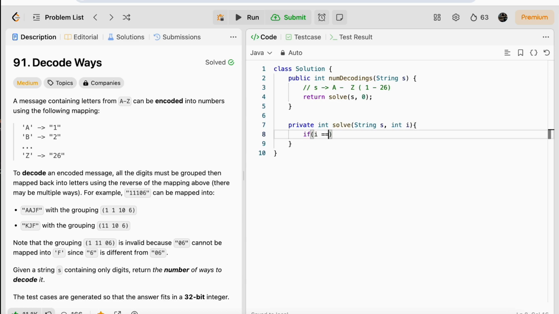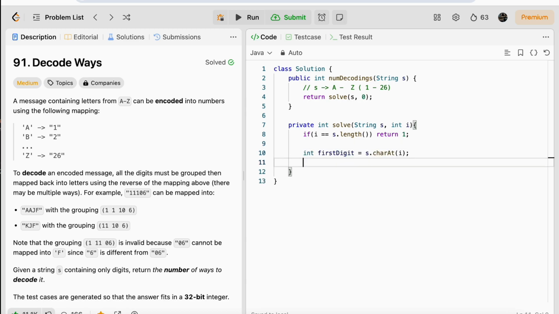If i is equal to s.length, it means we have decoded the whole string, and this is one possible answer. Okay, this is our base case. Now I'm going to check whether I can consider one character and decode that or not.